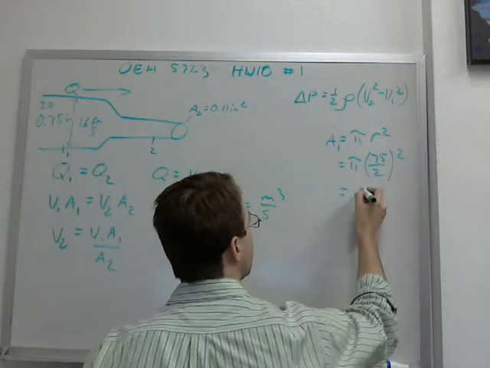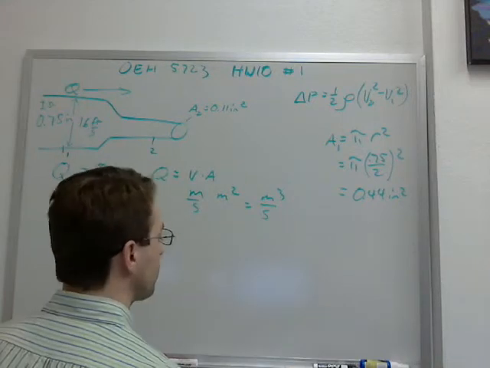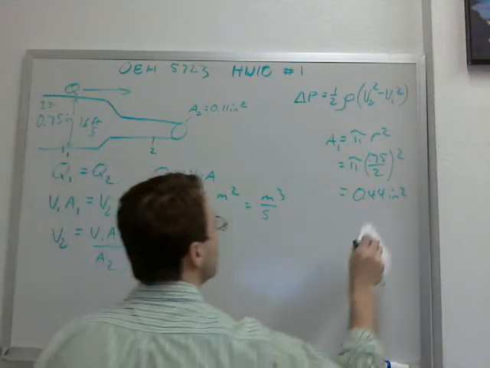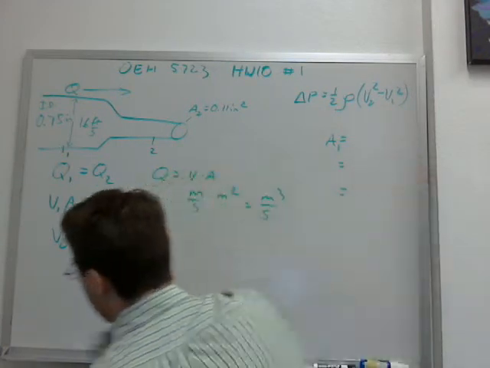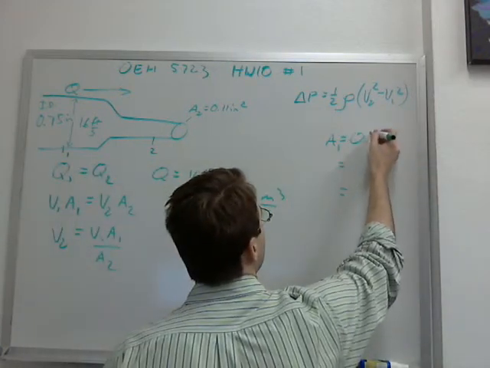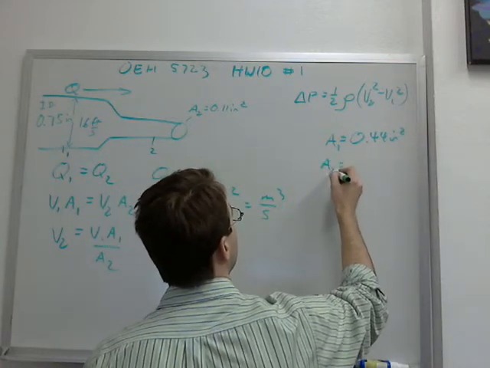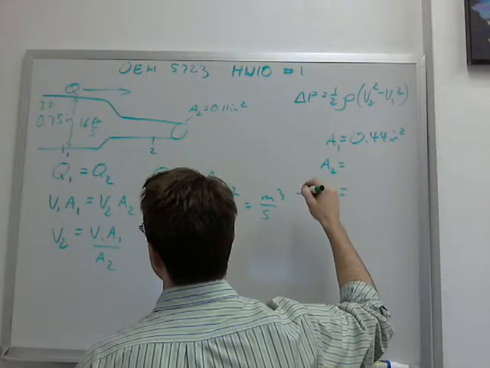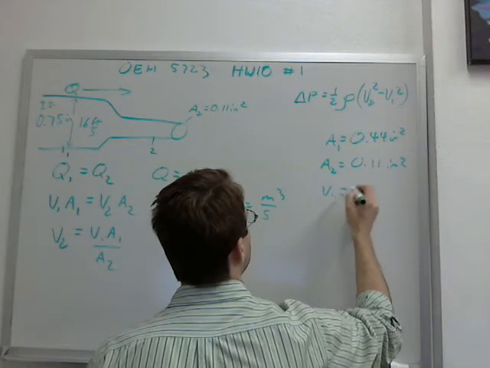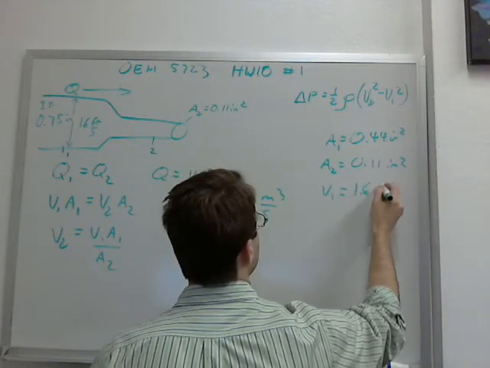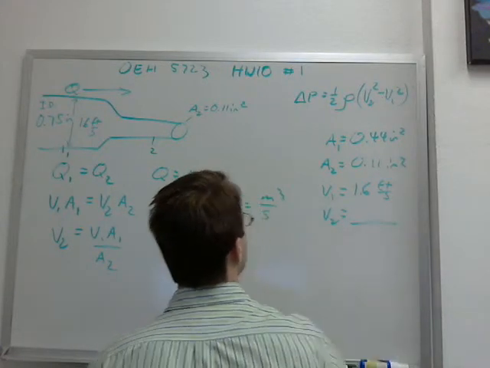Yeah. 0.44 square inches. All right. And then A2 is 0.11, and then V1 is 1.6, and V2 is our unknown.